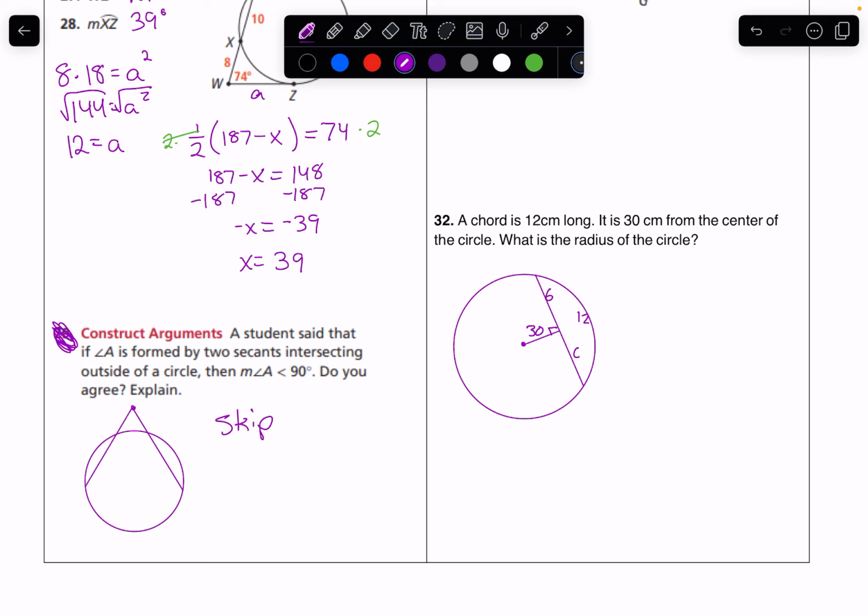And to find the radius of the circle, we're going to use the Pythagorean theorem with that right triangle. 6 squared plus 30 squared equals x squared, which is 936. And then if we take the square root of both sides, we're going to find 30.6 equals x, which is the radius of the circle.